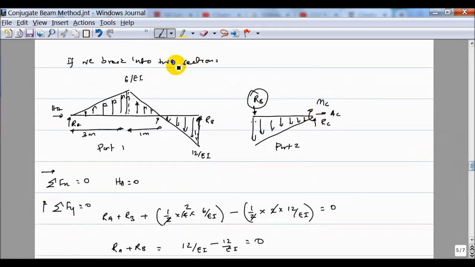In this case, I'll break this into three segments: one is this, second one is this, and third one is this. I'll show you why.